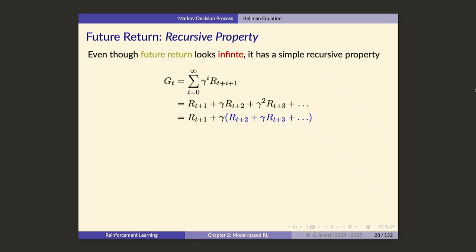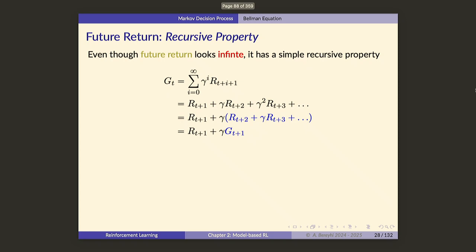In that state, once you do your next action, you get the immediate reward, which is R_{t+2}, and then after that you again get R_{t+3}, and so on towards the end. Everybody's clear? So this term in the brackets is the future reward that you get in the next time step, not in this time step.